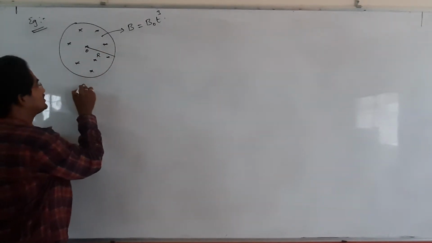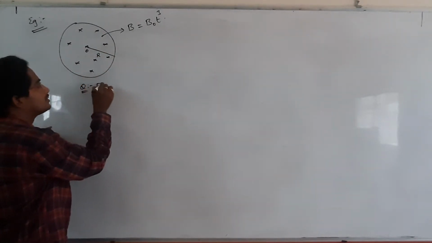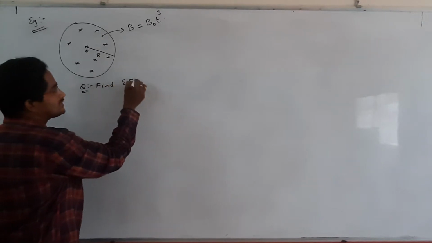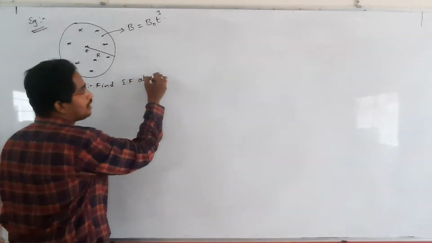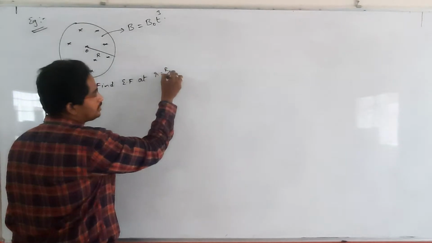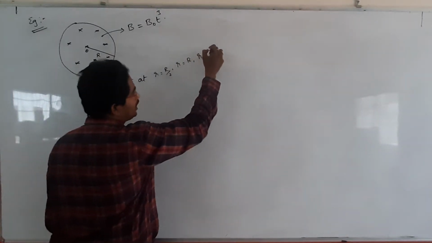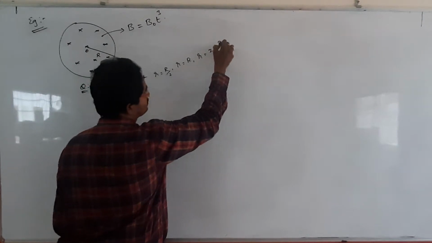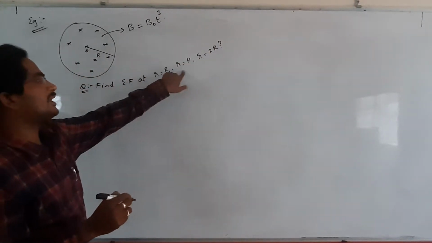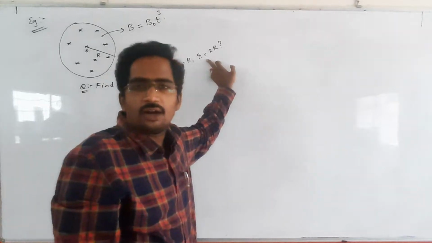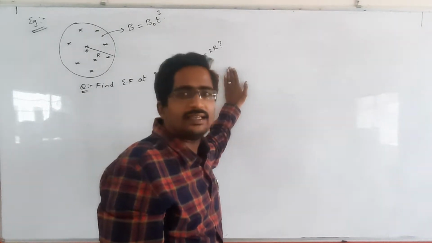So the question is, find the electric field intensity at small r equal to capital R by 2, small r equal to capital R, and small r equal to 2R. At the 3 points, we want to get electric field intensity.